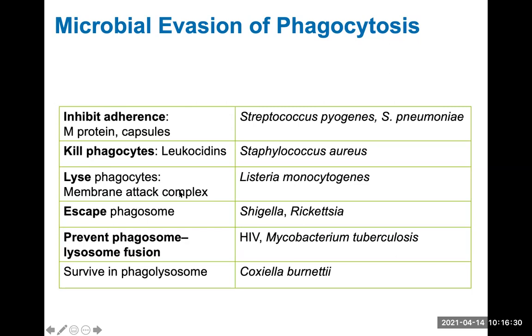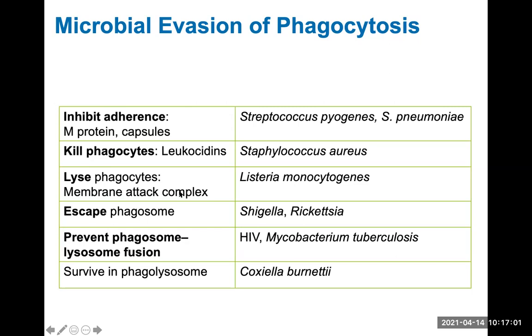We're not going to look into detail how they do that, but that's very interesting in that they can be taken up by phagocytes and the phagosome will form, and then they will escape, and the Rickettsia will actually multiply within the phagocyte, because Rickettsia is an intracellular pathogen.